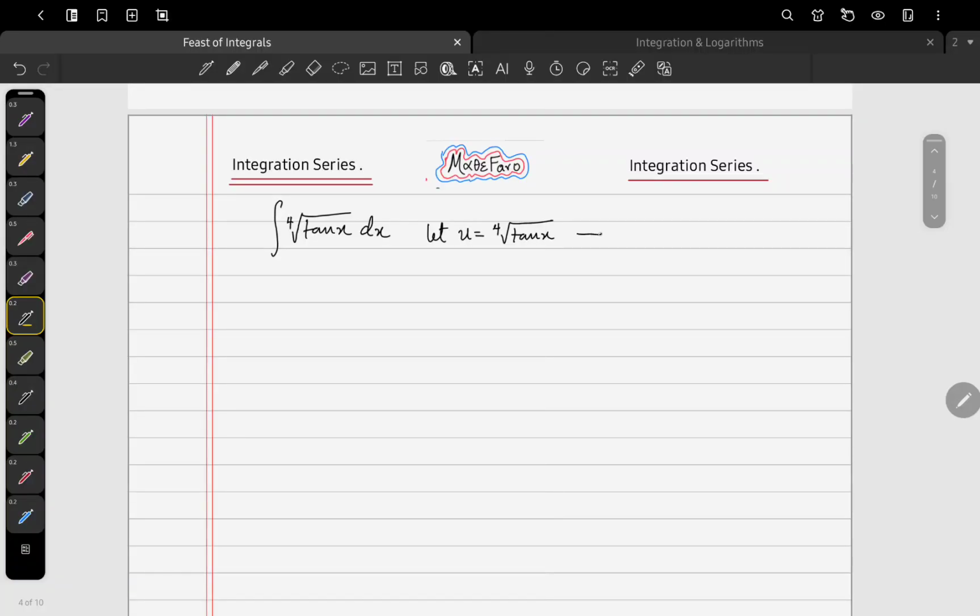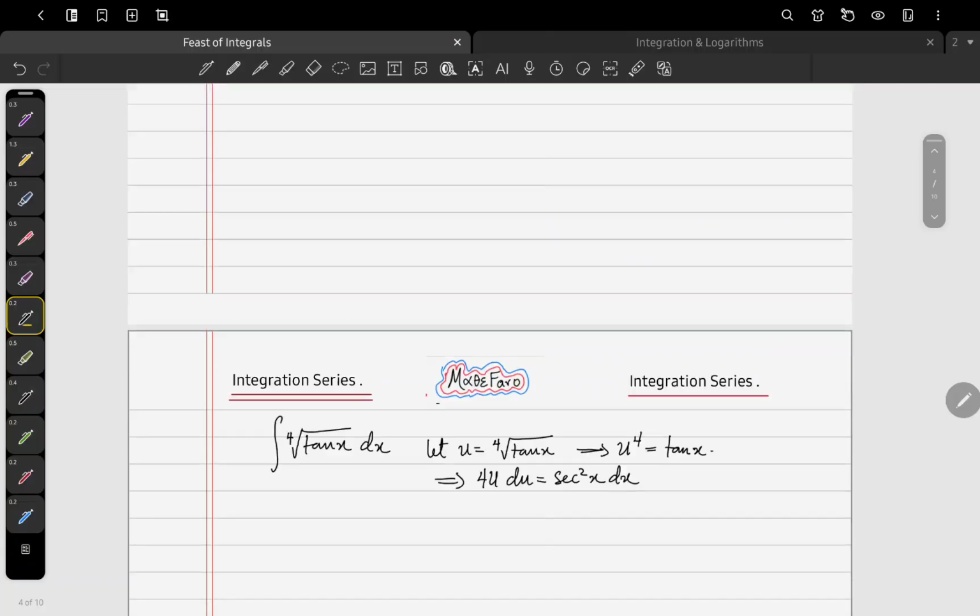And this immediately implies that u to the power of 4 is equal to tan x. And that implies that if we differentiate both sides, 4u cubed du is equal to sec squared x dx.